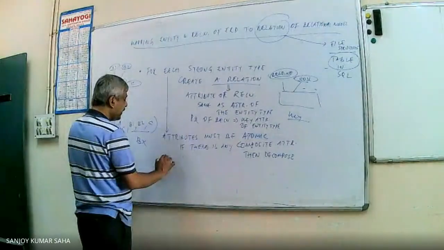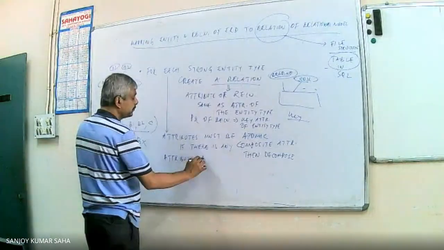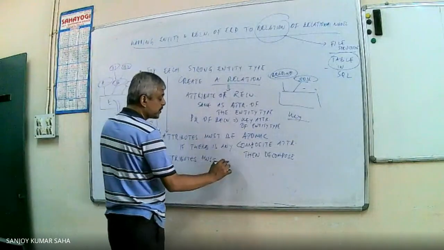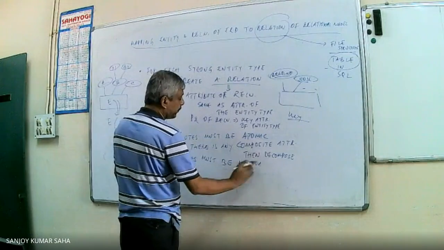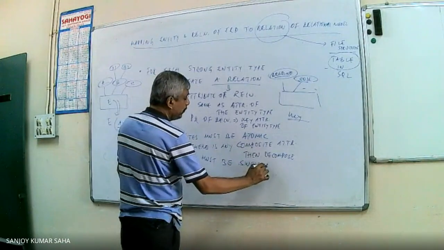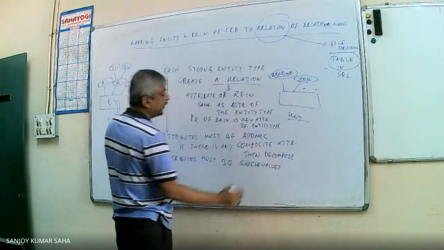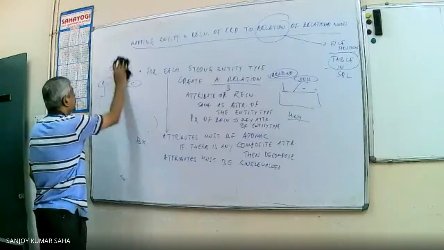And again, attributes must be single valued. So if there are multi-valued attributes, then there is a violation.